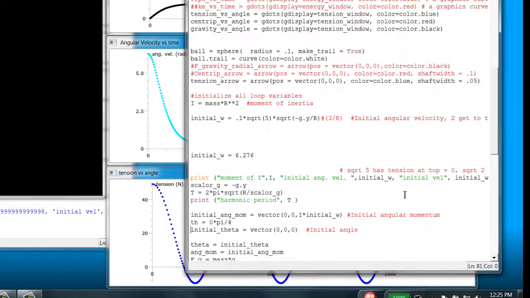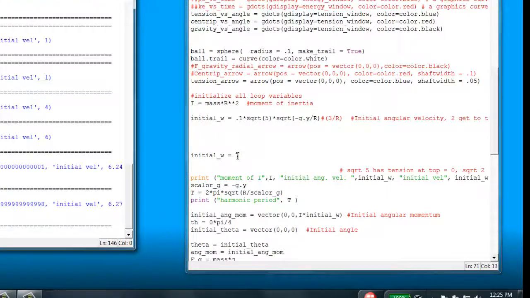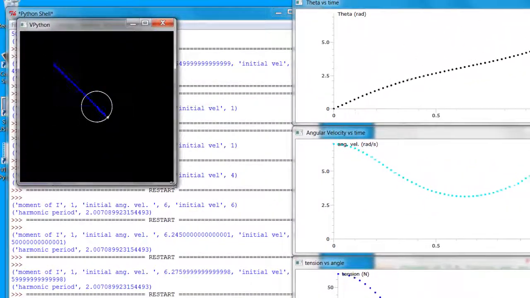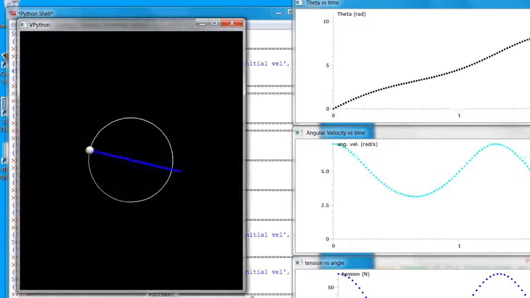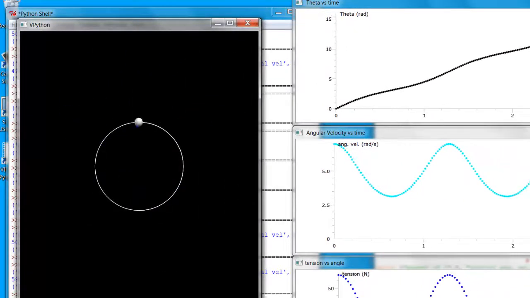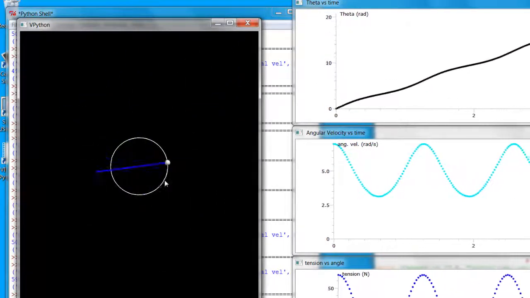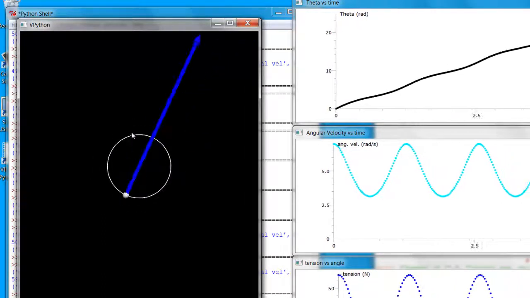So on the last graph, let me increase the initial angular velocity to 7. And here what you're going to see is the motion will look qualitatively the same, except that you'll notice that the tension vector goes to 0 at the top.